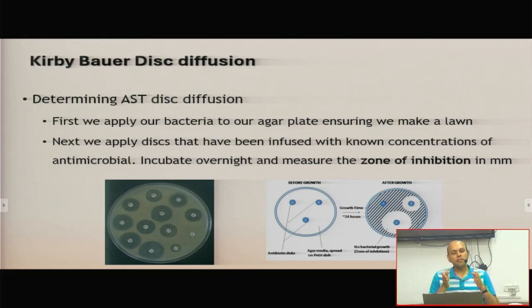This method is not for MIC but for susceptibility testing, and this is the disk diffusion method. Everyone knows what a disk diffusion is: you have your agar plate, which is the medium for bacteria to grow, and you apply a concentration of bacteria at a certain McFarland standard. You spread it on the plate and put different discs of antibiotics.